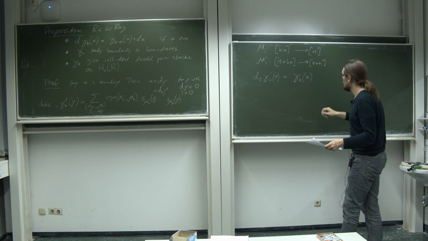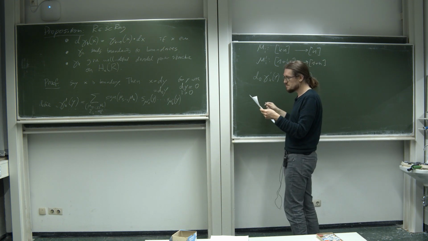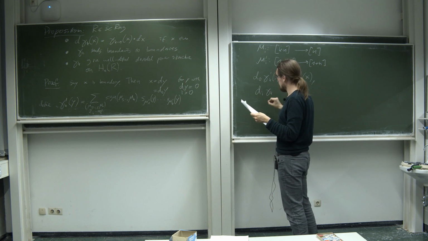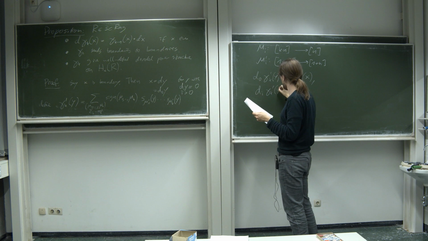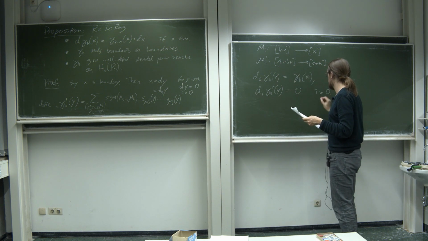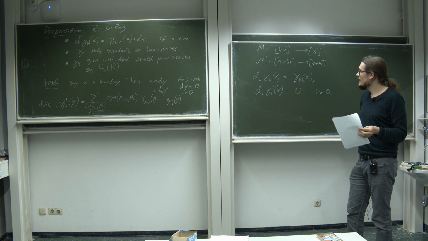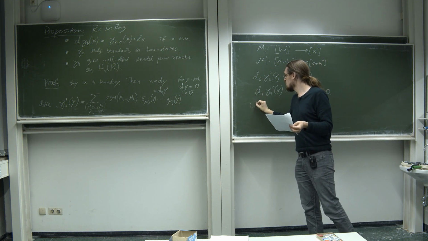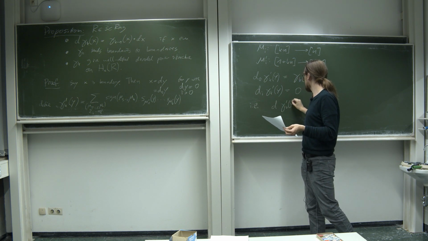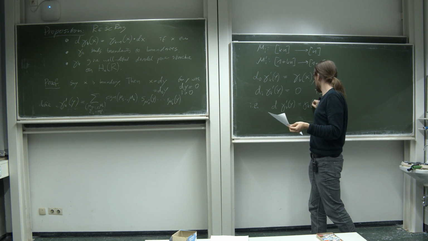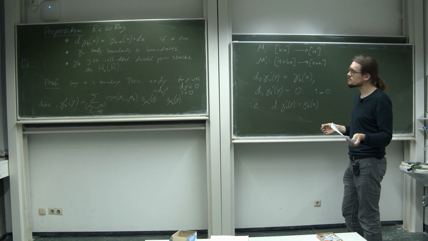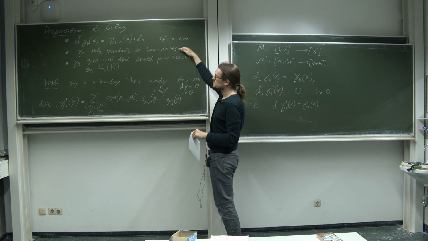That's looking good. And then the other thing you can check is that d_i of this guy is 0 for all i bigger than 0. In particular, we see that this gamma k prime guy has boundary gamma k of x, proving this.